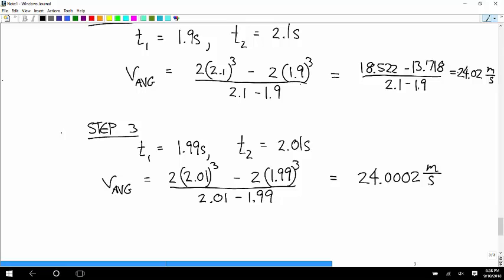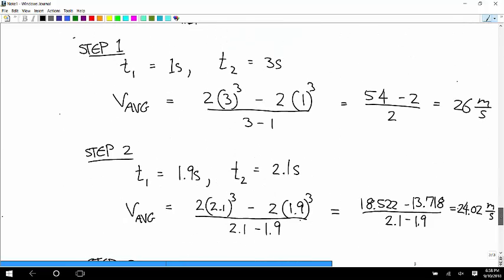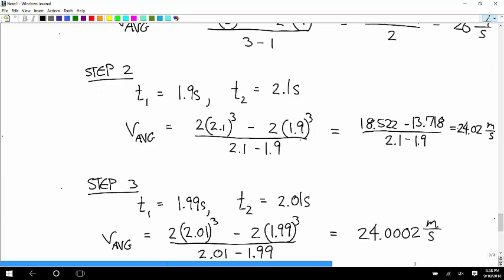And like I said, to follow this procedure to get an exact answer, you'd have to keep doing it forever, so that's not going to work. But at least you can probably believe, so the answers were 26, 24.02, 24.0002. If we did it again, we'd be even closer to 24.